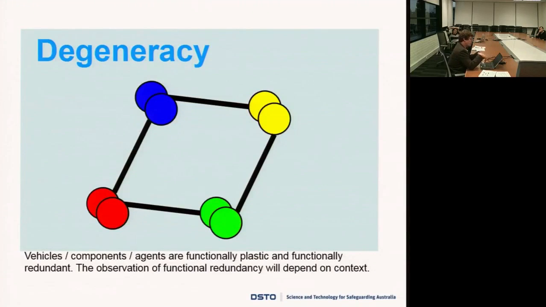The important bit here is that these are different objects or different vehicles or different agents that have this functional overlap in function space, because they can, under some contexts, perform the same function and satisfy, therefore, demands or requirements. Under other contexts, other circumstances, they look different.